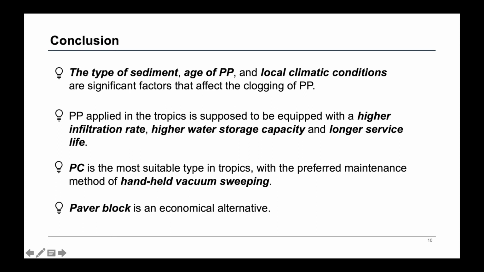Paver block is a suitable choice for tropical regions because of its cheap maintenance cost. Additional research into the life cycle cost analysis of different PP types in the tropics is highly recommended.